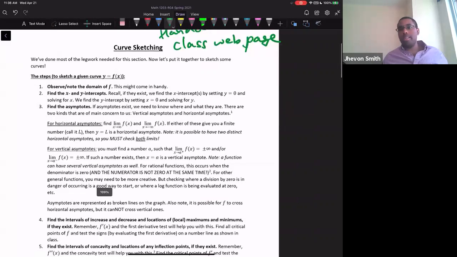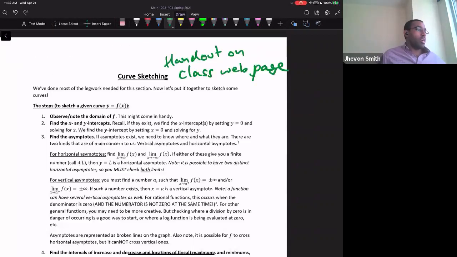So basically the idea is we are going to be sketching curves. Now, on one hand, this isn't really something you would do by hand in general. Most people these days would actually just graph a curve on a graphing calculator or on a computer.